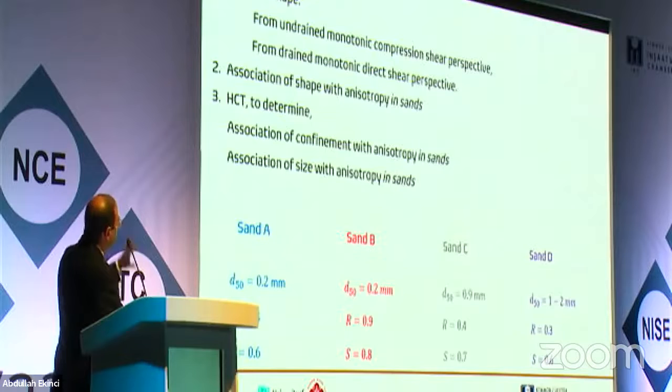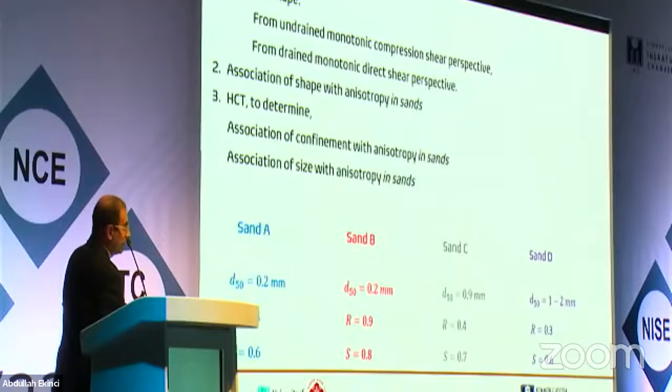Then I'm going to talk a little bit about the association of shape and anisotropy in sand, to tie these two together, and finally finish with some results from some HCT tests, and try to associate confinement with anisotropy in sand, and also size with anisotropy in sand. Before I begin, I should have acknowledged the work of Dr. Sohail Ad, who has done the big majority of experiments in the past year or so.